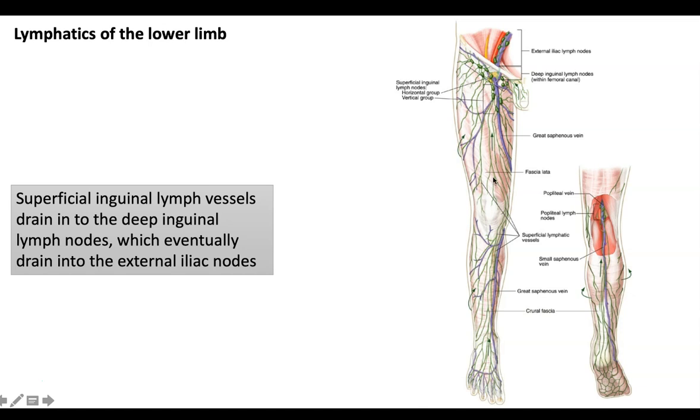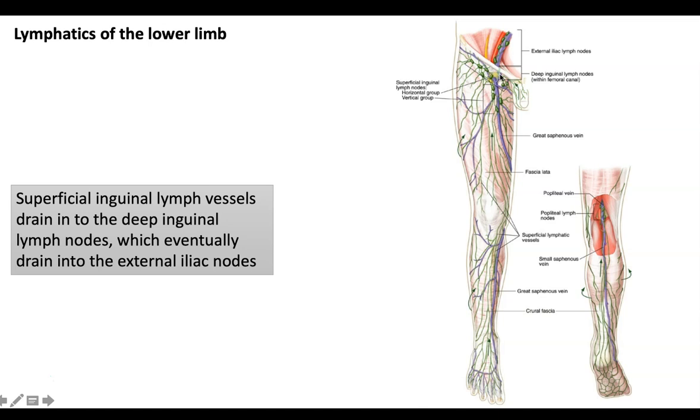See all these lymphatic vessels which accompany the tributaries of the great saphenous vein. They are draining into the superficial inguinal lymph nodes right here. And the superficial inguinal lymph nodes ultimately drain into the deep inguinal lymph nodes, which lie deep to the deep fascia along with the deep veins of the lower limb.